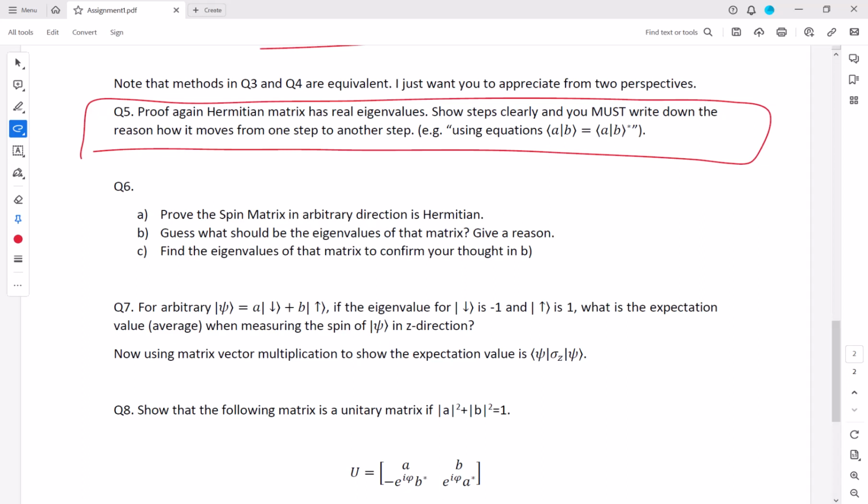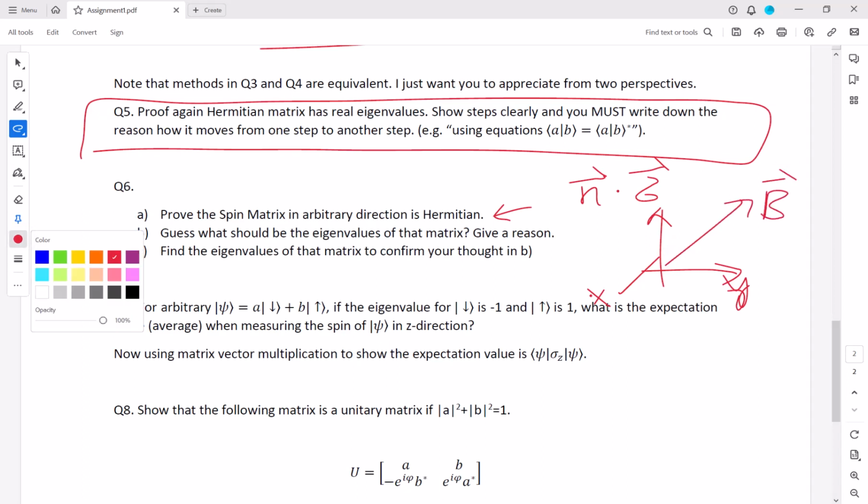Now, we have learned the spin matrix in an arbitrary direction, which is n dot sigma. Maybe you forgot already. In any direction, you have x, y. The spin matrix corresponds to a magnetic field, maybe in this direction, right? It equals the unit vector dot product with sigma. I deliberately don't want to say it now. You just check the lecture notes.